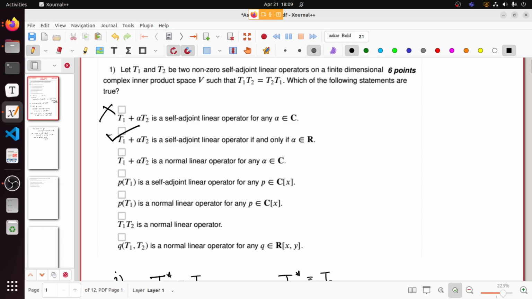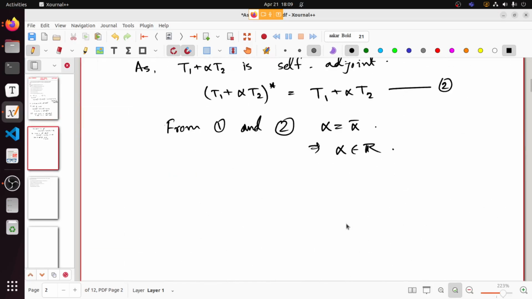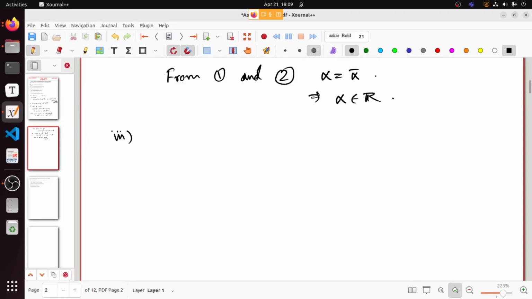Now what is the next option? It is saying that T1 plus alpha T2 is a normal linear operator for any alpha belongs to C. Is it normal for all alpha in C or not? Let's check. What is meant by a normal linear operator?